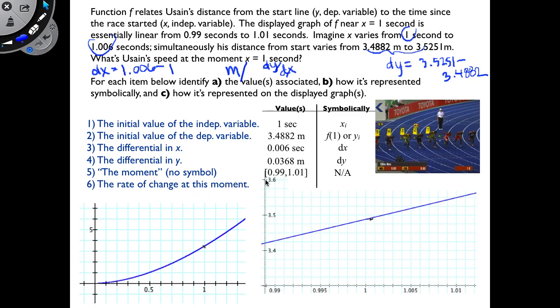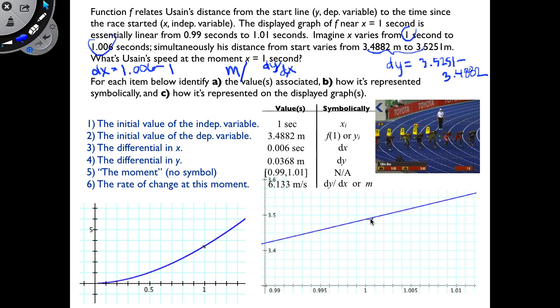The rate of change at this moment, though, just symbol-wise, m or dy over dx. Yep, and about 6.1 something. Yeah, depending on how many places of accuracy you kept or if you rounded things off differently, but just over 6 meters per second when we're around time 1 second into the race.